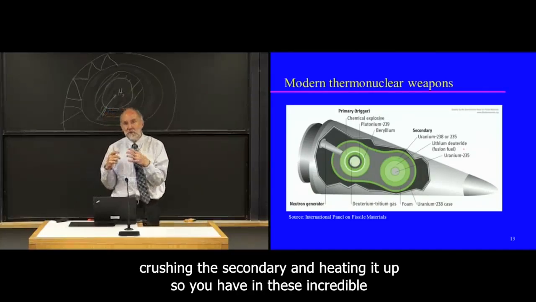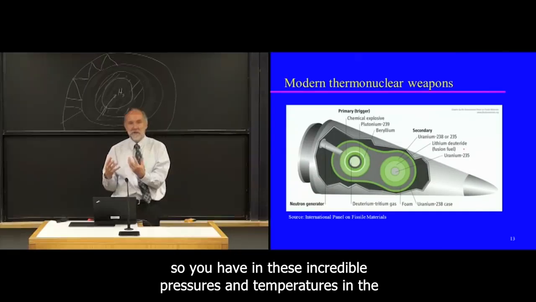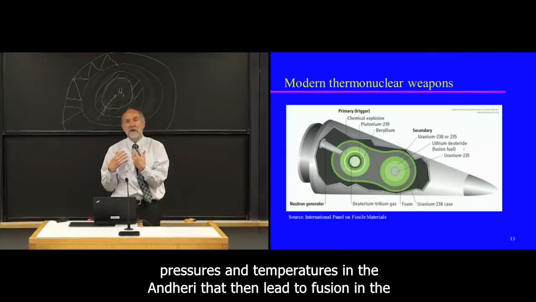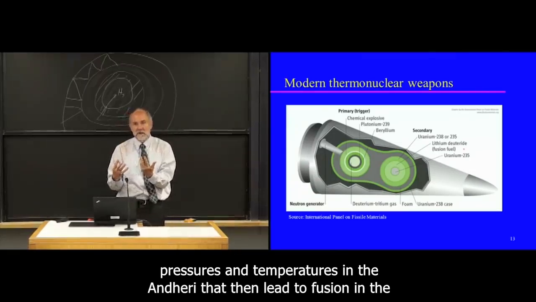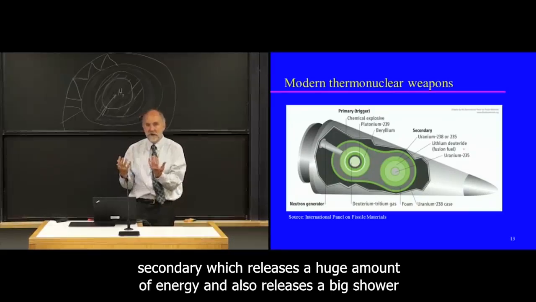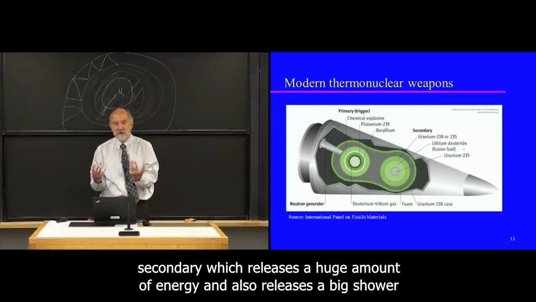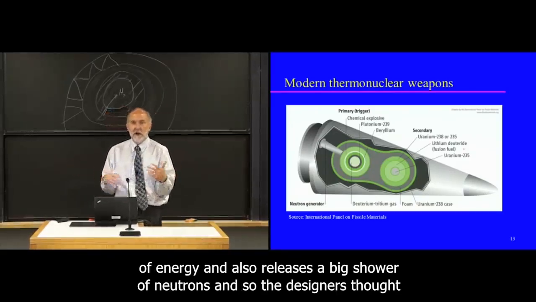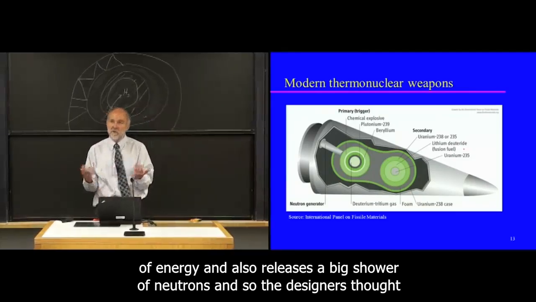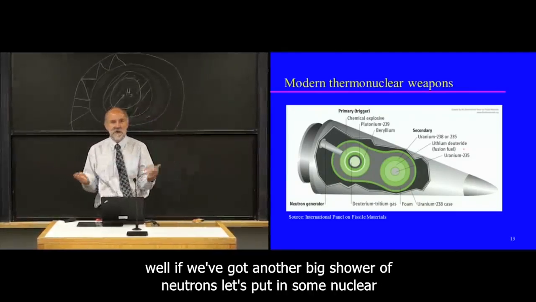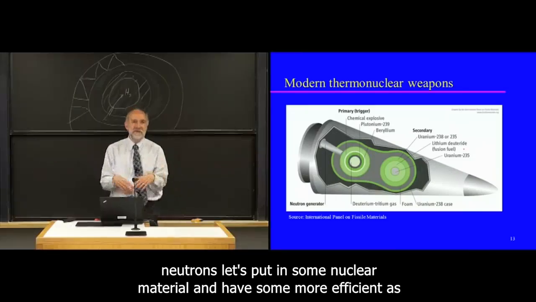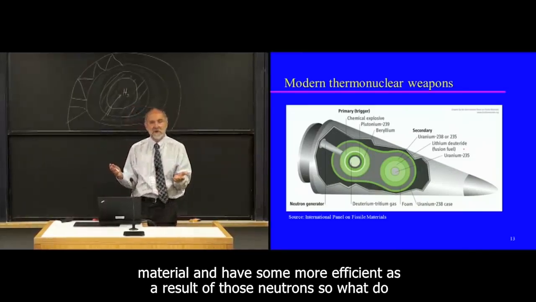So you have these incredible pressures and temperatures in the secondary that then lead to fusion in the secondary, which releases a huge amount of energy and also releases a big shower of neutrons. And so the designers thought, well, if we got another big shower of neutrons, let's put in some nuclear material and have some more fission as a result of those neutrons.